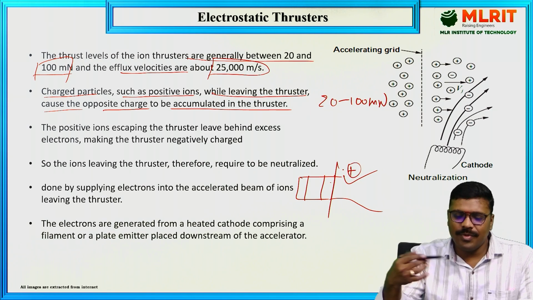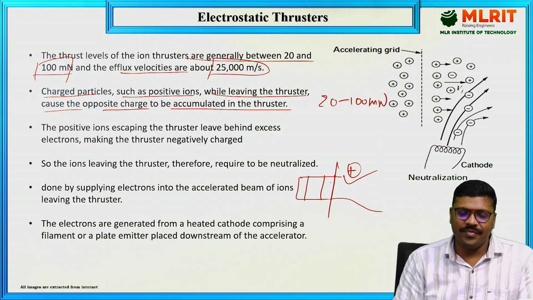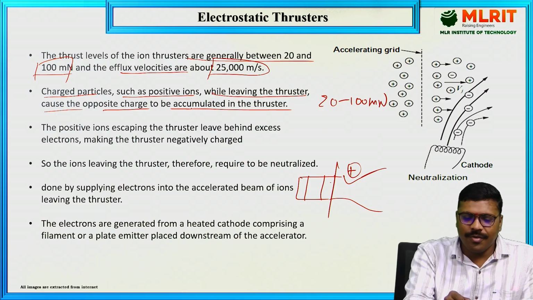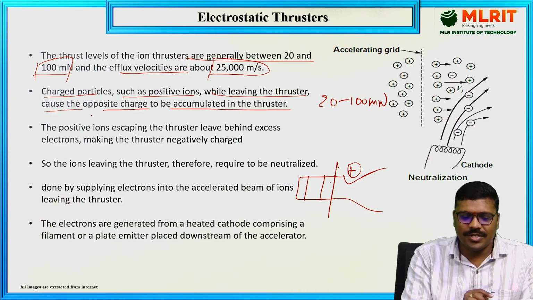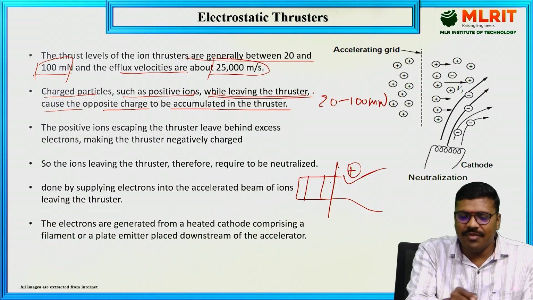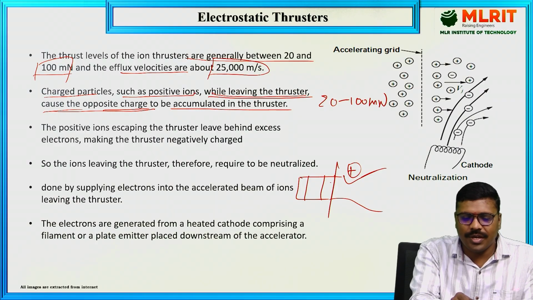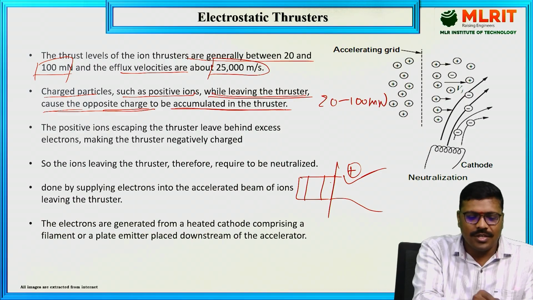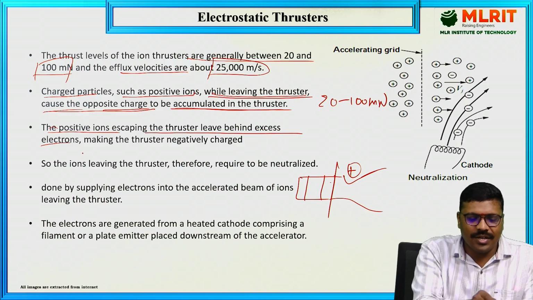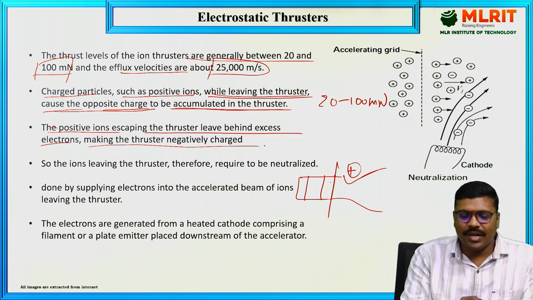These ions may damage the structure of the engine, and opposite charge can accumulate on the structure, which will damage it. The positive ions escaping the thruster leave behind excess electrons, making the thruster negatively charged.